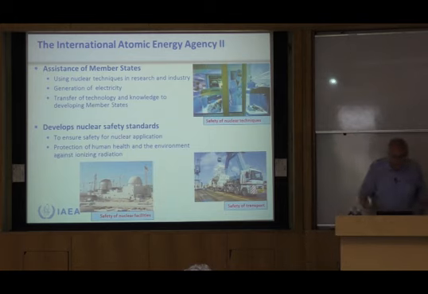For this purpose, the IAEA develops standards to ensure safety of any nuclear applications. The final aim is to protect human health and the environment from effects of ionizing radiation.